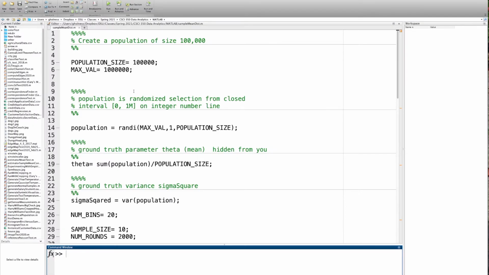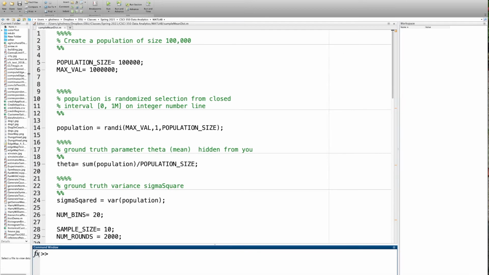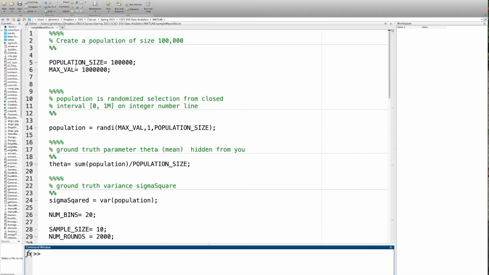So we're here in MATLAB, and in this experiment, we're going to take a population, that is a simulated population, and the population has 100,000 members, and it's going to be a population of numbers, each one of which is randomly selected from a closed interval between 0 and 1 million.